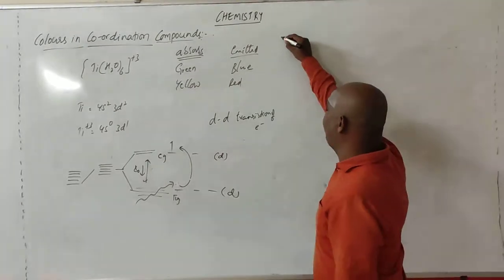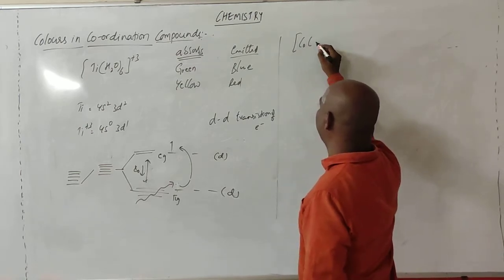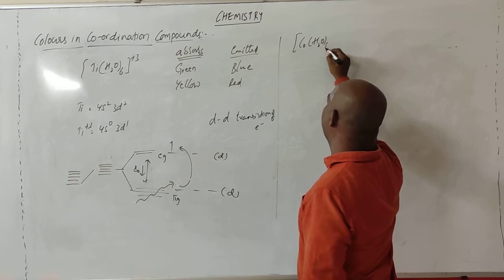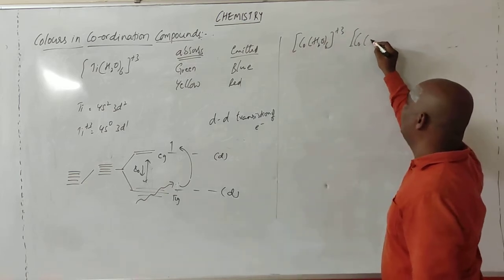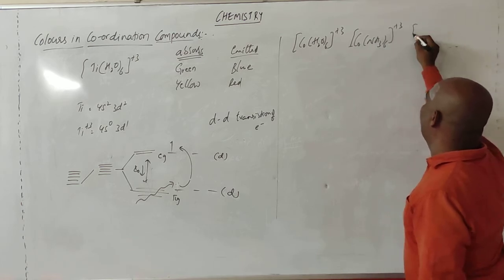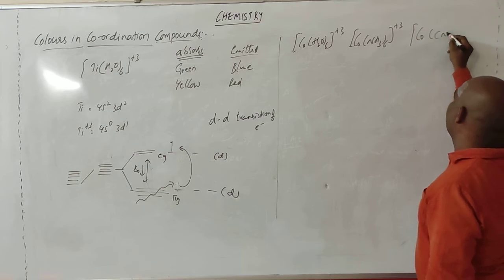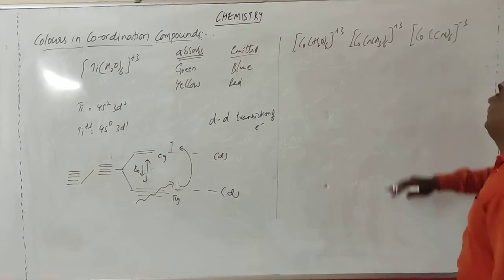Okay, suppose we go for some complexes like Co(H2O)6, it is plus 3. Here, something like Co(NH3)6, it is plus 3. And Co(CN)6, it is minus 3.